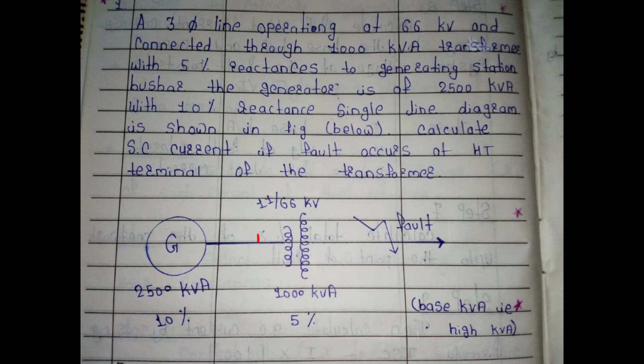About the generator, 2500 kVA is the kVA rating and 10% is the reactance of the generator. We find the short circuit current, I short circuit, at the HT terminal, which means 66 kV. Then we see the solution.